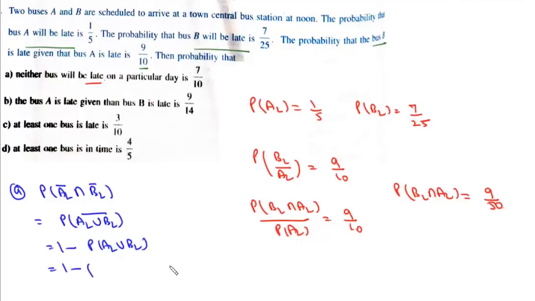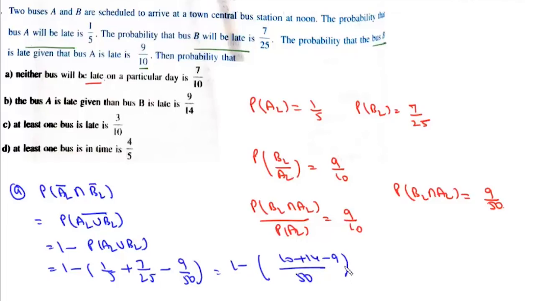Now this is 1 minus P(AL), which is 1 by 5 plus 7 by 25 minus 9 by 50. Now this is 1 minus (10 plus 14 minus 9) over 50. So that will be 1 minus 15 by 50, 3 by 10, which is 7 by 10. So this probability will be 7 by 10. That means option A is correct.